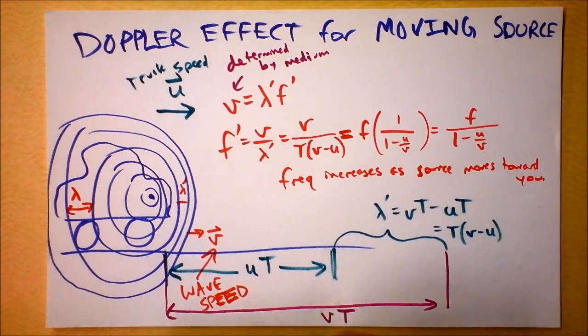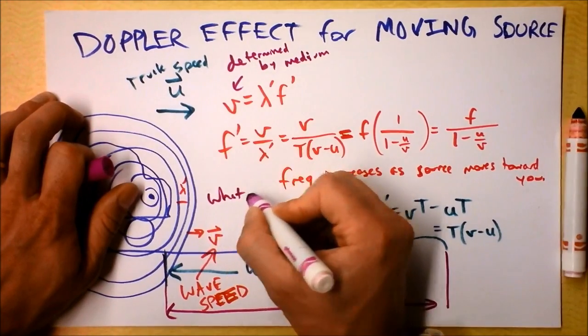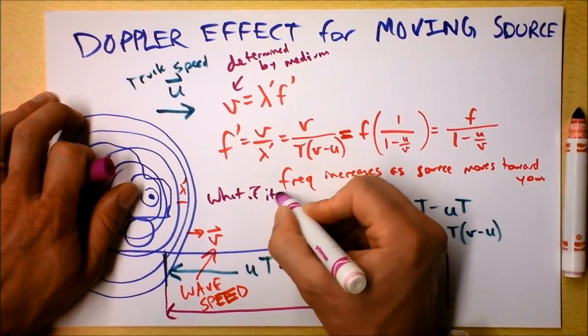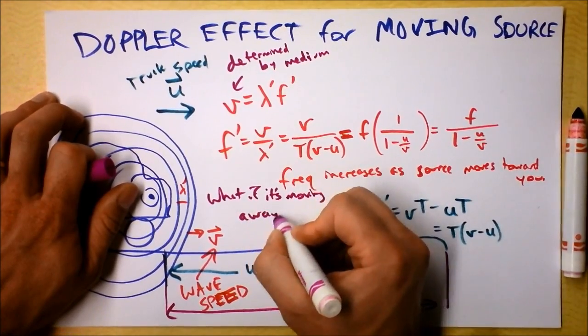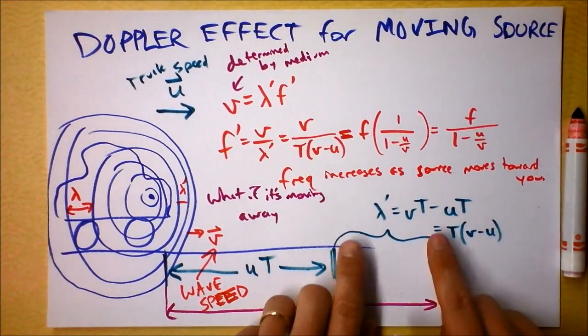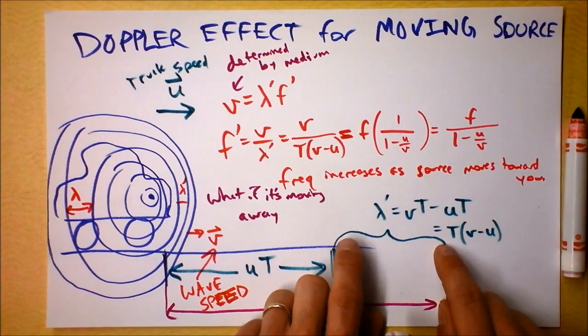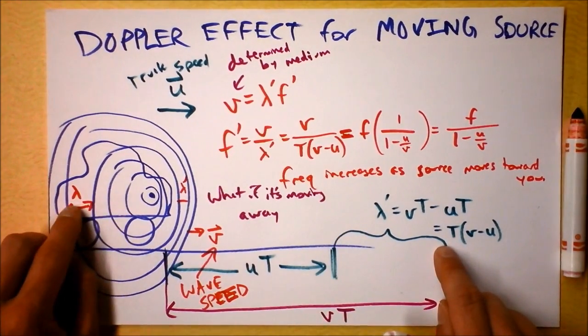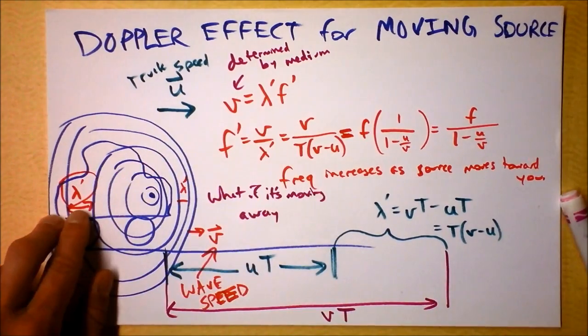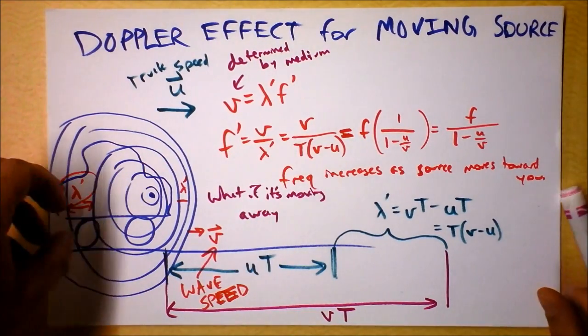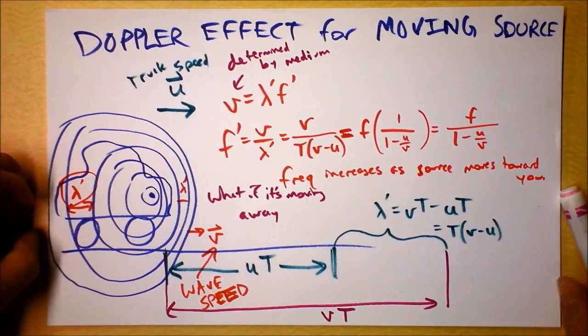What if it's moving away? Well, if it's moving away, then lambda prime will be correspondingly lengthened. Over here, we could call this lambda prime for moving away from you. If you were listening from over here, you'd hear a much deeper sound.